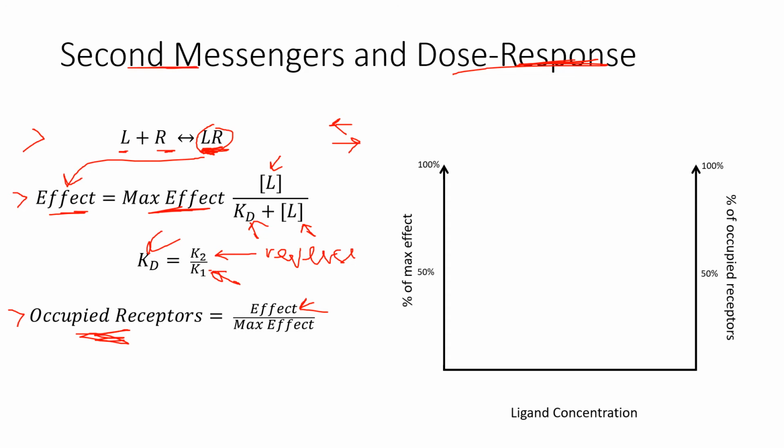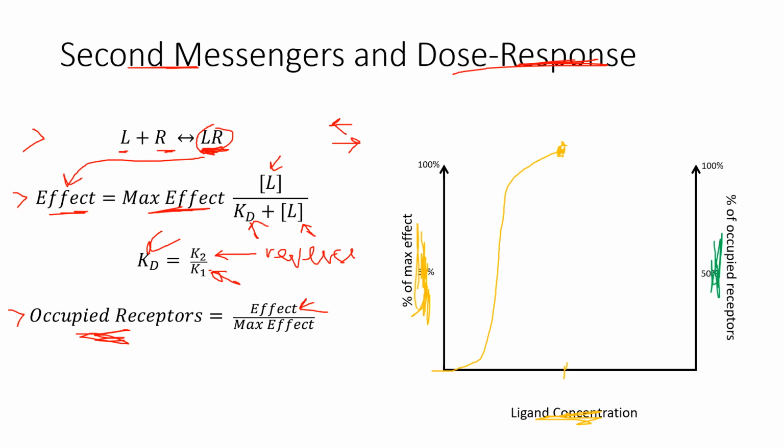And so considering a situation where we are comparing the ligand concentration for the observed max effect and the percentage of occupied receptors, this is what you'll see. So if this is a ligand concentration describing ligand concentration for percent of max effect, you'll see max effect at this concentration.